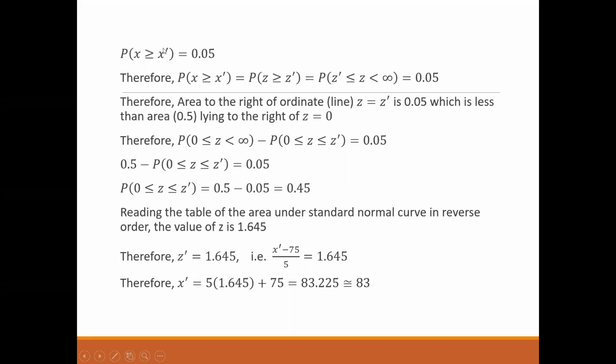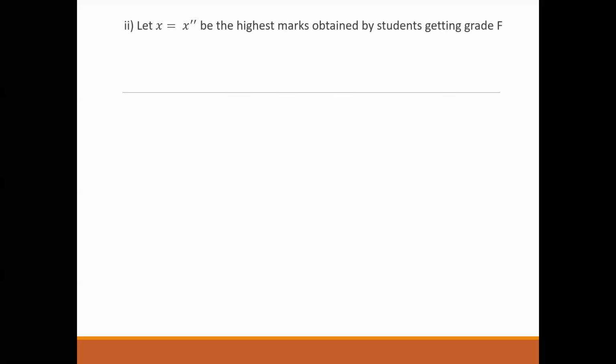So this first part will be P(X less than or equal to X double quote), and instead of single quote I have put double quotes now. In the second part, let us say X double quote is the highest marks obtained by students getting grade F. Now if I represent this in the standard normal variate function, it will be like this: Z double quote equals (X minus 75) upon 5.